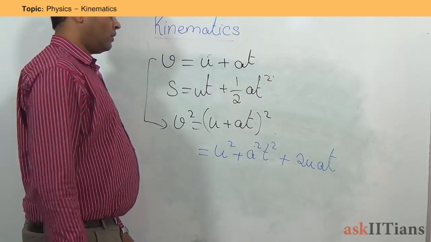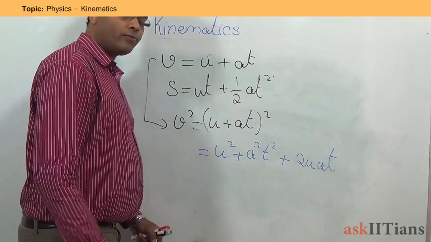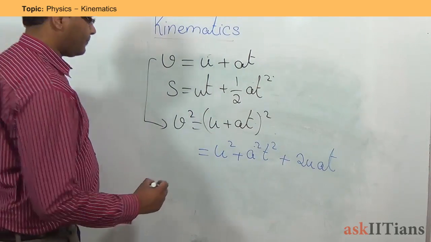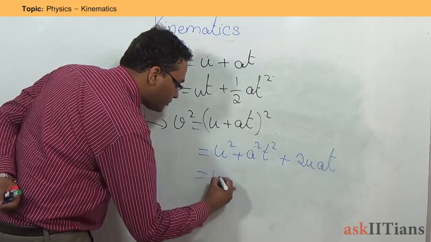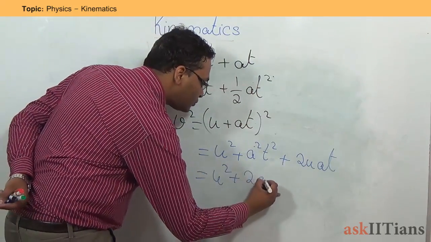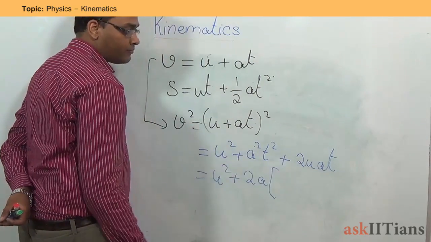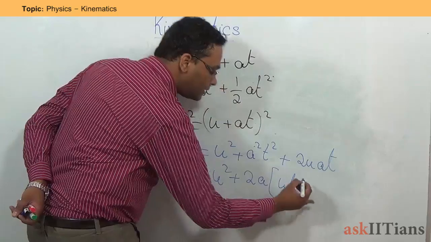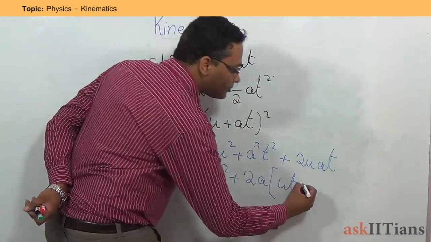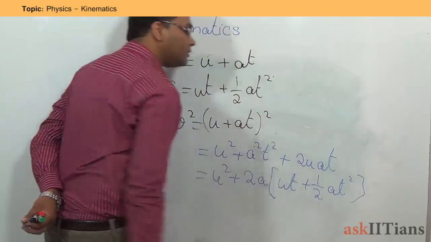Right? Okay. Now from these two terms, let me take off a factor of 2a. So if I take off a factor of 2a, I'll get u square plus 2a. What am I left with? Let me write down this term first. I'll get ut, and here I have to have a factor of half, so it's going to be half at square.